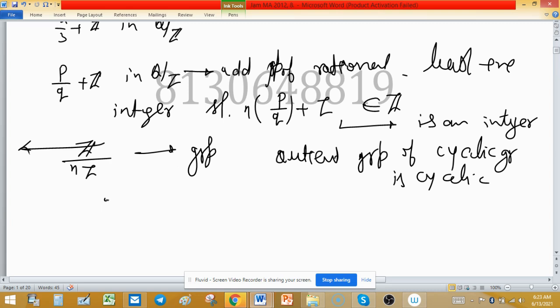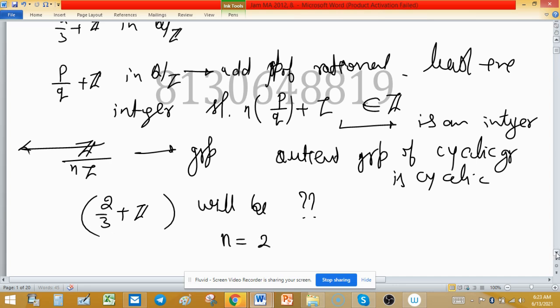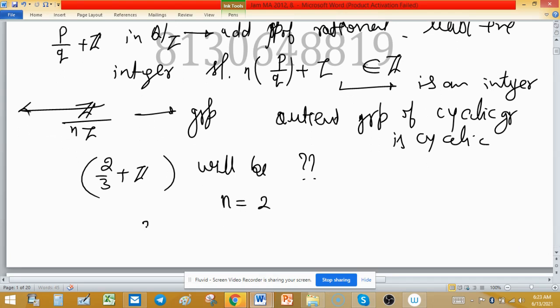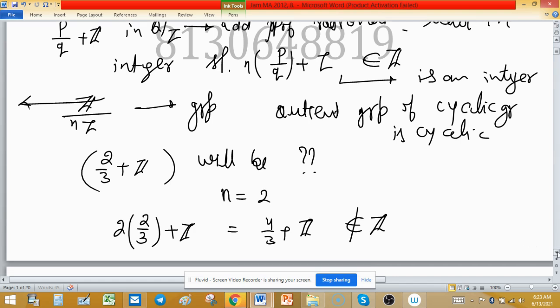So the order of 2/3 + Z is what we need to find. Put n equal to 2. Then 2/3 times 2 plus Z equals 4/3 + Z, which does not belong to Z. So 2 is not the order.